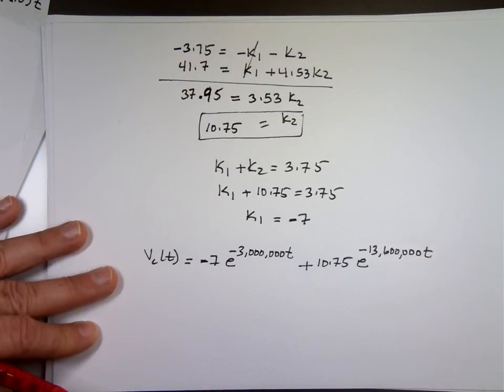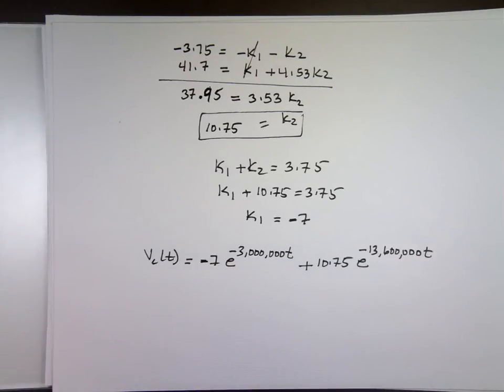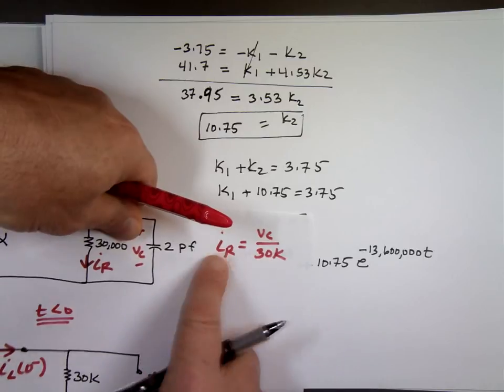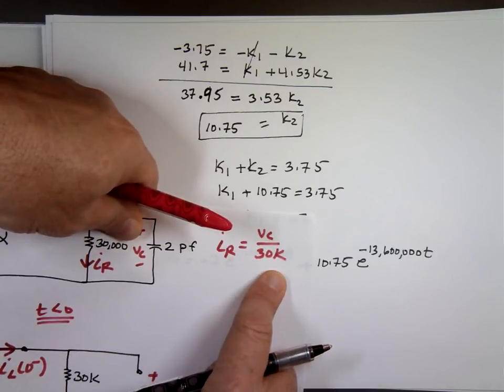And the question was not what's the voltage there, but what was the current through the resistor. We said divide that by 30K, so I sub R as a function of time.